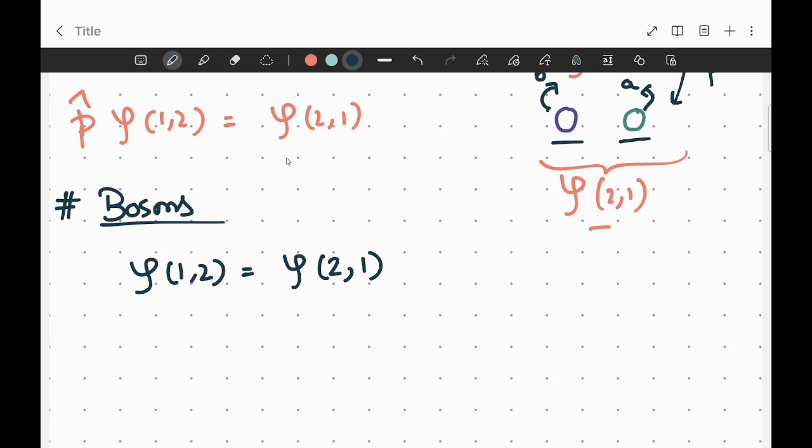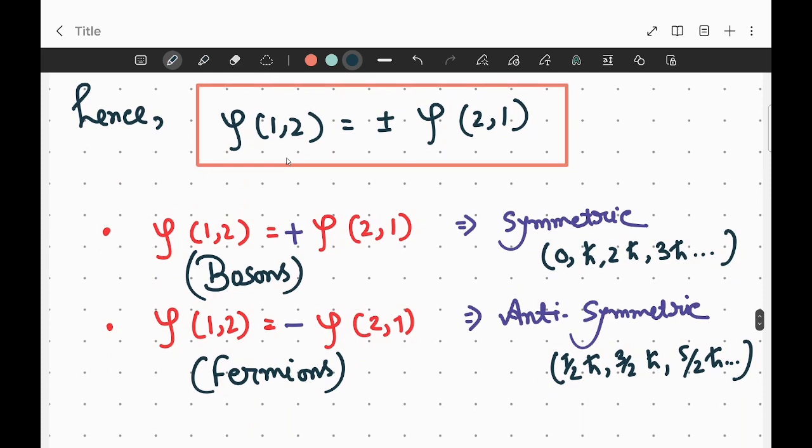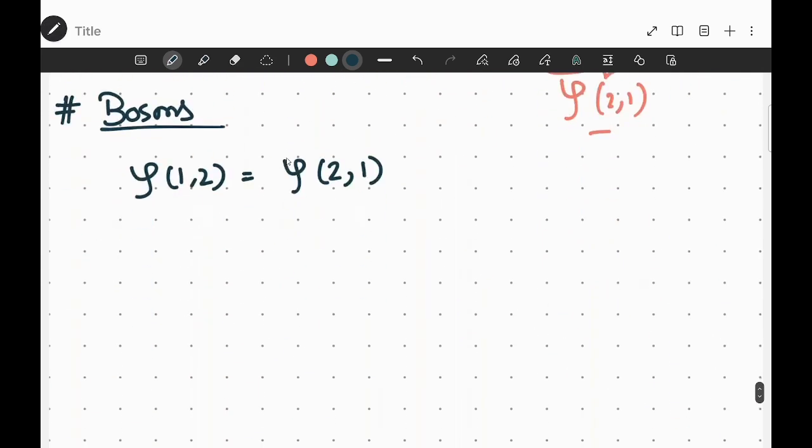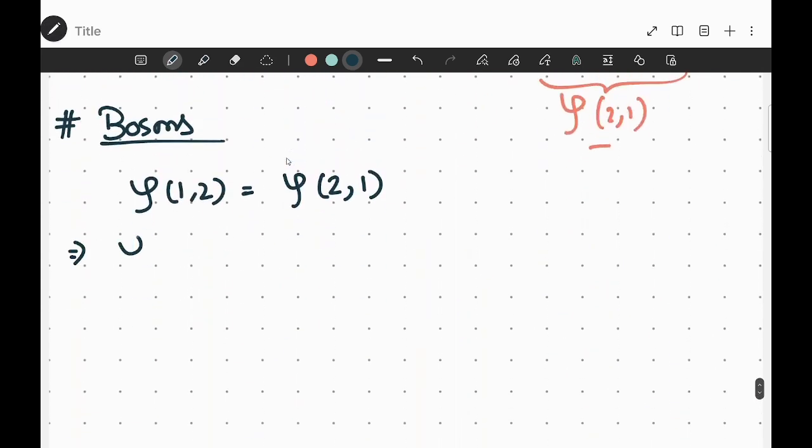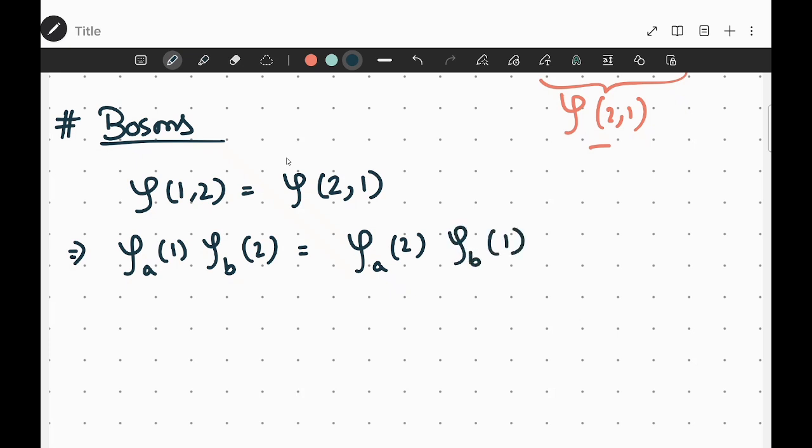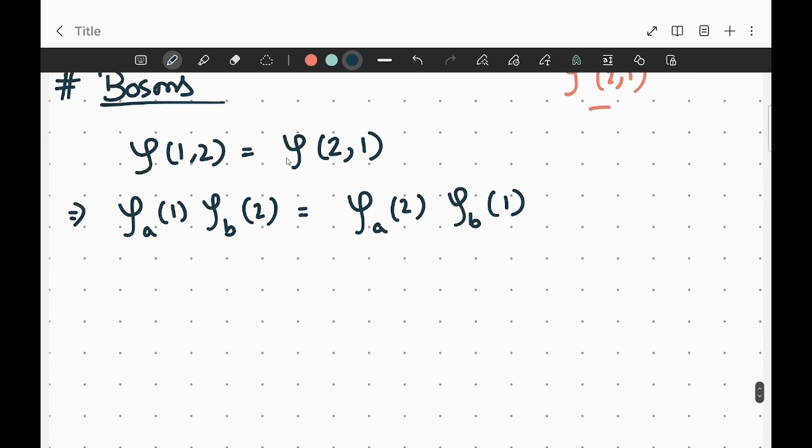The symmetric case, this we obtained here. What does it mean? That psi A1, psi B2 equals psi A2, psi B1. So this should be the case. This should be equal. But this is correct.